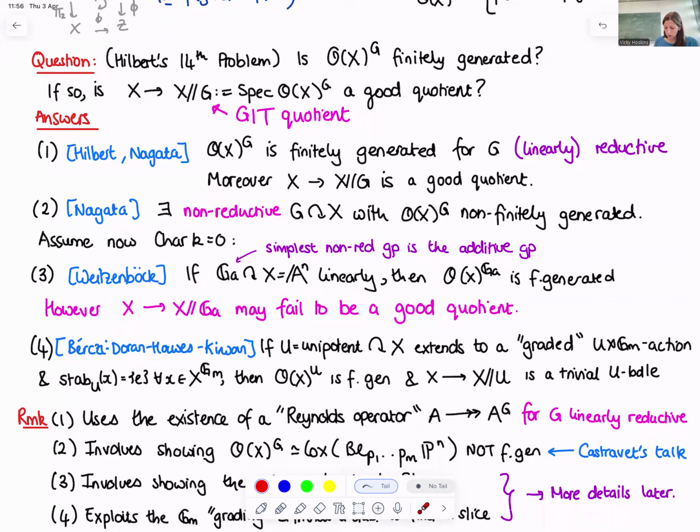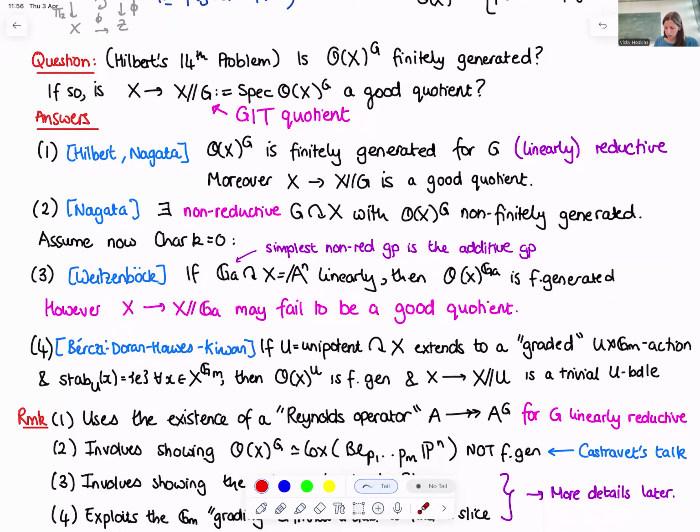So in particular, it is a good quotient. In fact, it's a geometric quotient. This is the setting in which you can really produce well-behaved quotients, and I'm going to talk about this in greater depth later on.